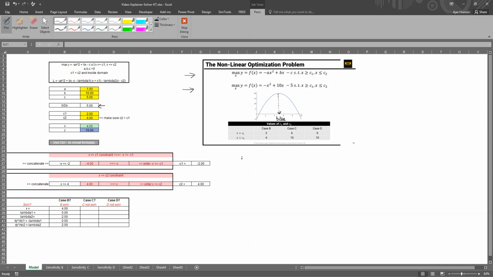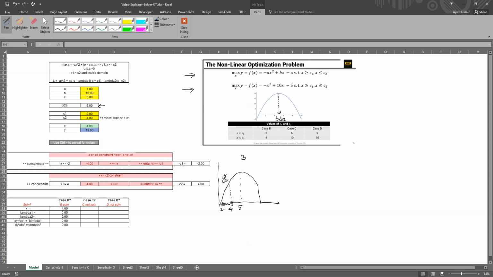So in case B, here's 5, and you're making C1 2 and C2 4. So obviously the solution is going to be x is equal to 4, and then this will be your y star constraint. Let's see how to do this now.